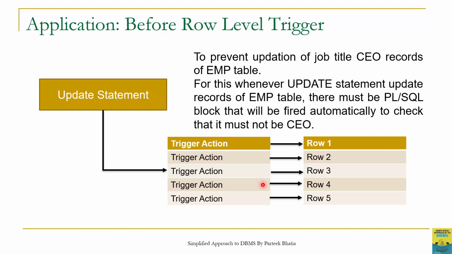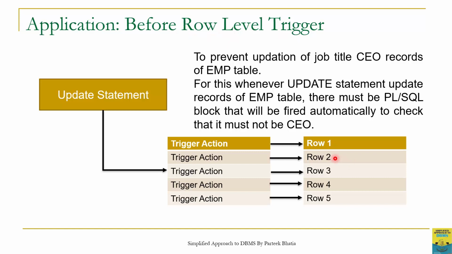Same way this trigger will check the job title for each row before updating the contents of that particular row. So this update statement is updating 5 rows of the table. So trigger action will need to be performed 5 times. So for this we have to use before row level trigger.